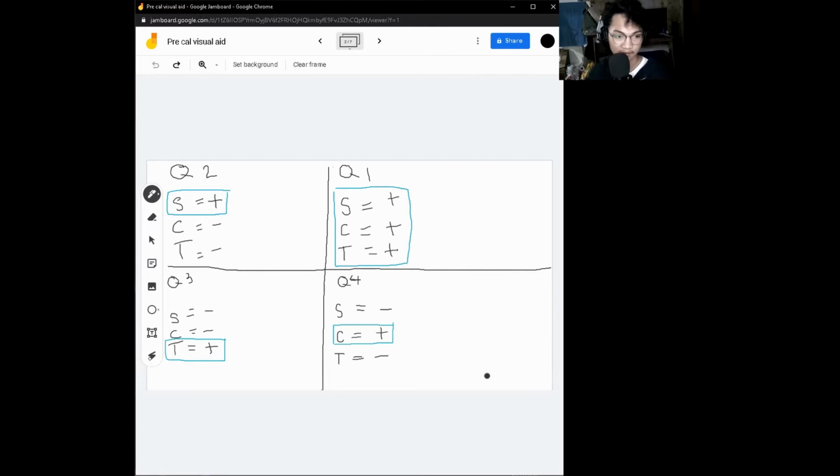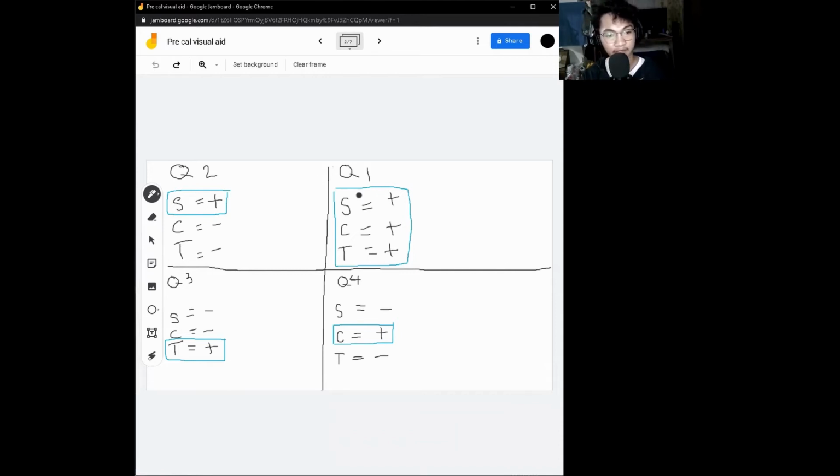So these are some things that you want to commit to memory. In quadrant 1, everything is positive. In quadrant 2, sine is positive. In quadrant 3, tangent is positive. And in quadrant 4, cosine is positive. Perhaps you've heard of the expression "All Students Take Calculus."